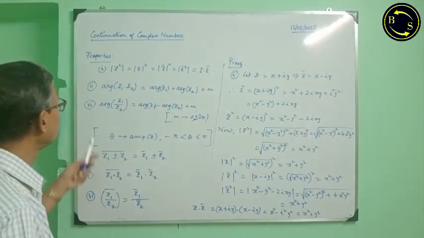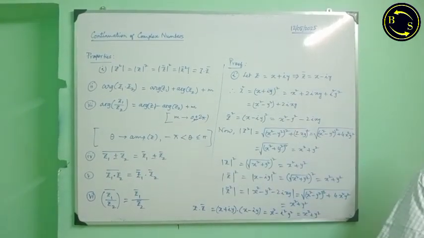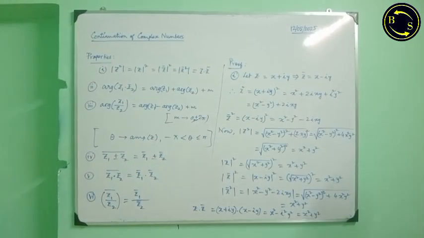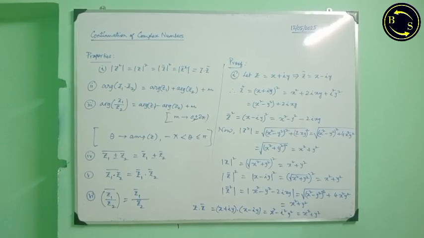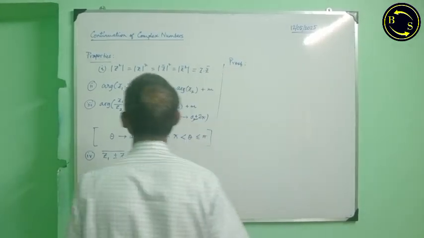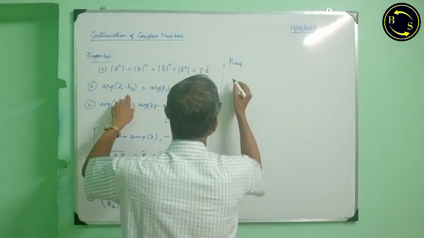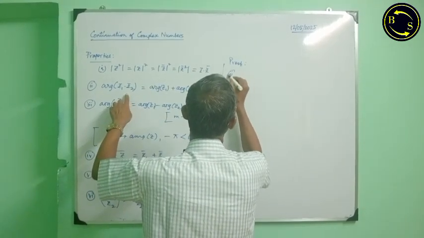Next, I prove one property related to argument. The proof is very easy. Then number 2, argument of this one.